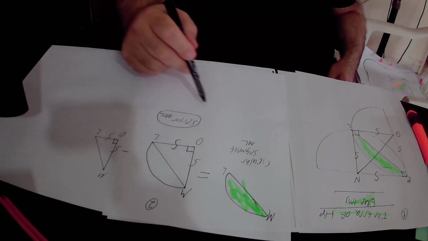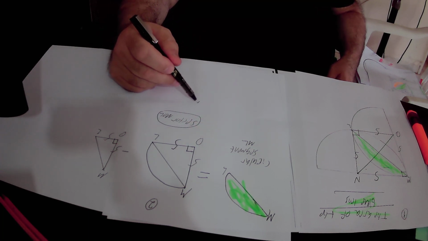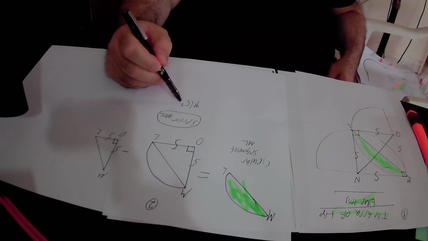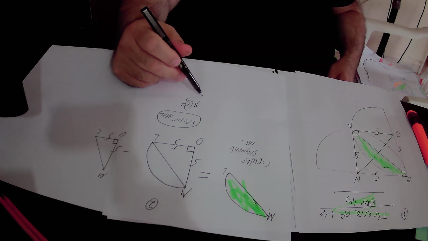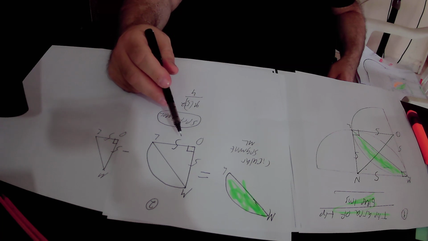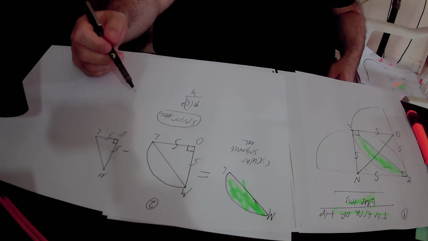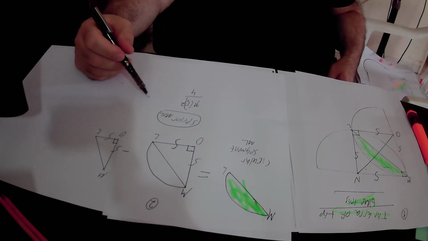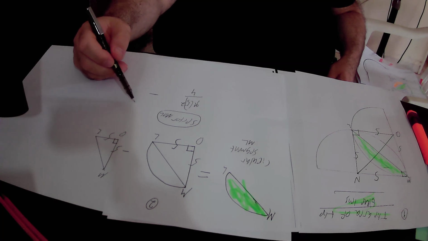So the area of this circle is pi r squared, and r equals 5, so it is pi times 5 squared. And we have to divide it by 4 in order to get the area of the quarter circle. So the area of the quarter circle equals pi times 5 squared over 4. This is a right triangle, and the area of a right triangle is 5 times 5 over 2.